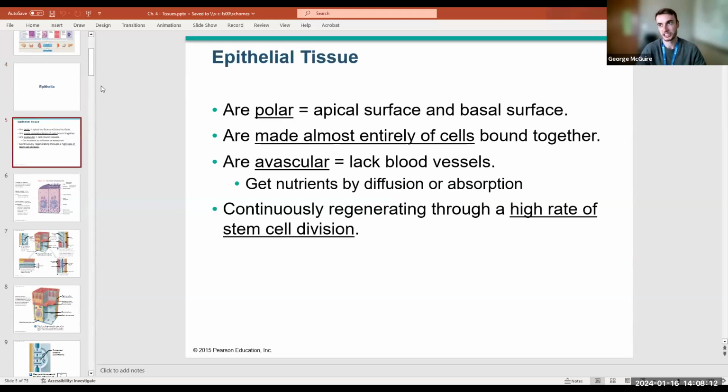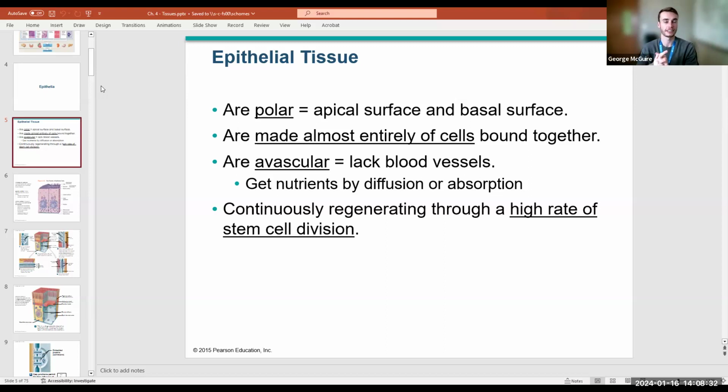Okay, so for each of our tissue types, we're going to identify some of the common characteristics throughout that type of tissue. So epithelial tissue are unique in that they are polar, and not polar in the sense of how we were discussing it with chemistry, like polar covalent bonds creating charged poles.